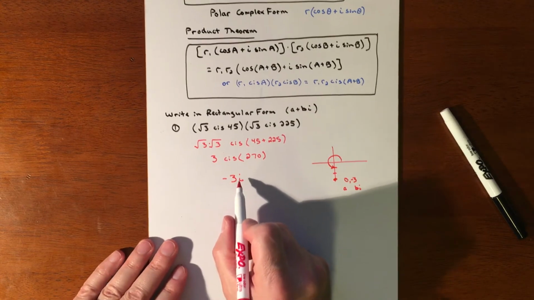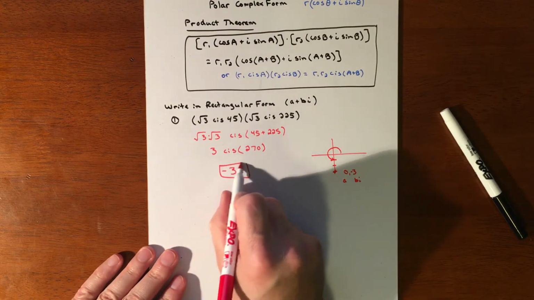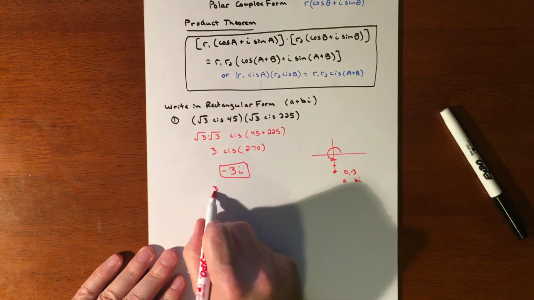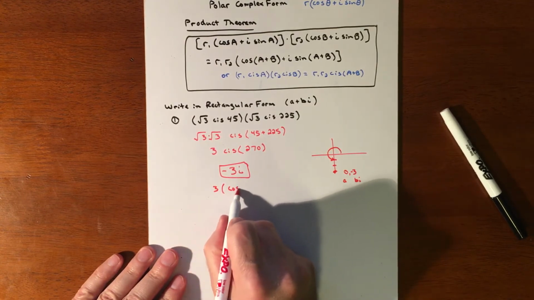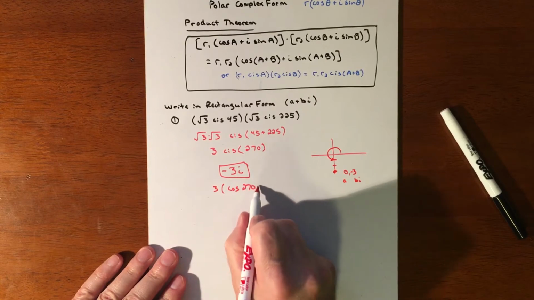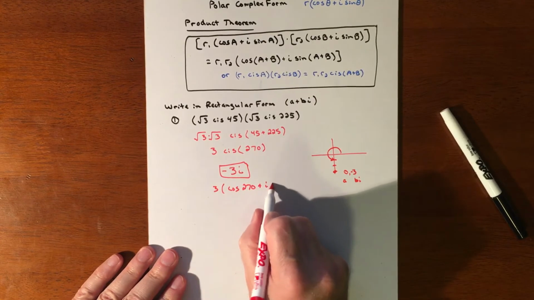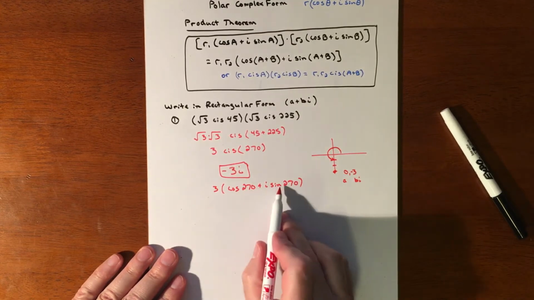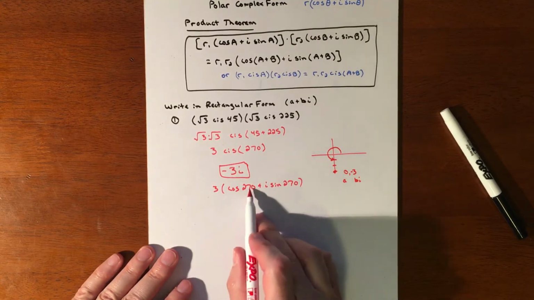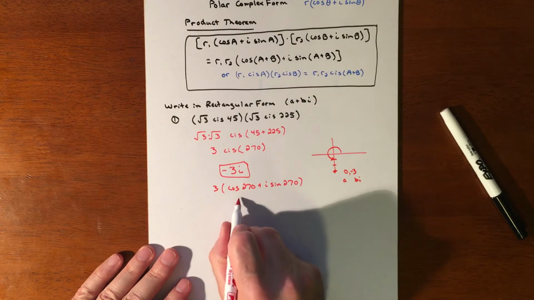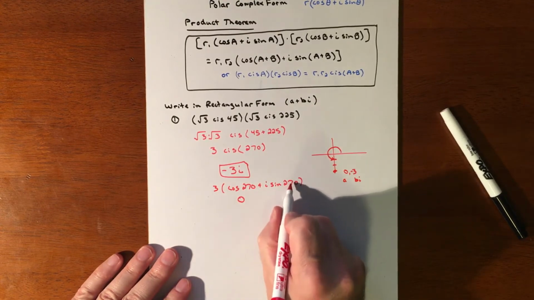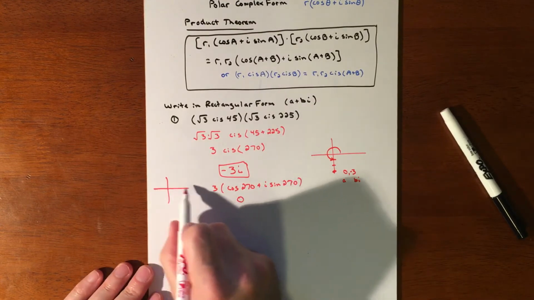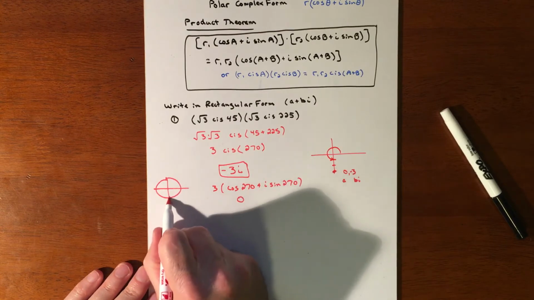So that's not the only way to do that. You can look at it as a visual, or you can break this up and do 3 times cosine of 270 plus i sine of 270. And so if you plot that point, cosine of 270 is 0, and sine of 270 is, if you just go back to the basic unit circle, you're at this point.